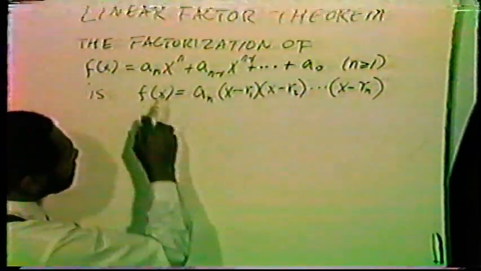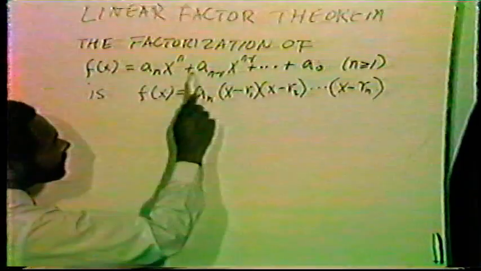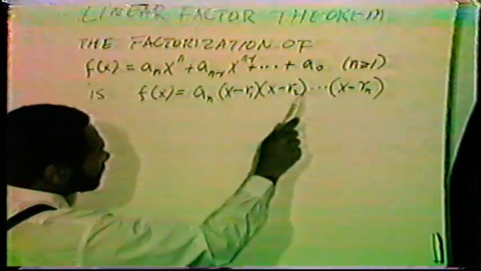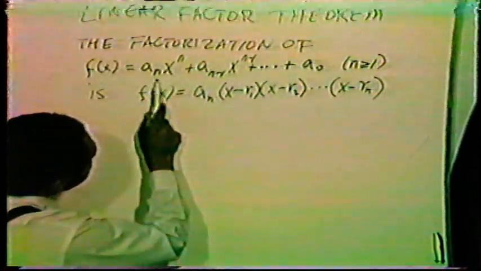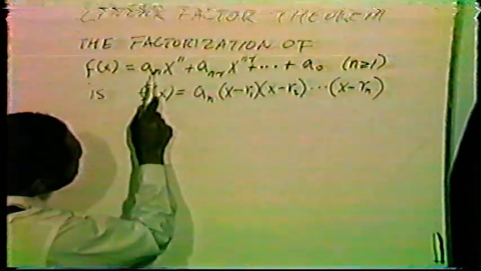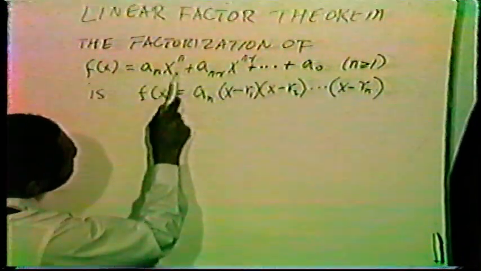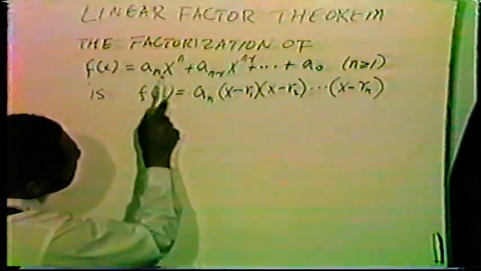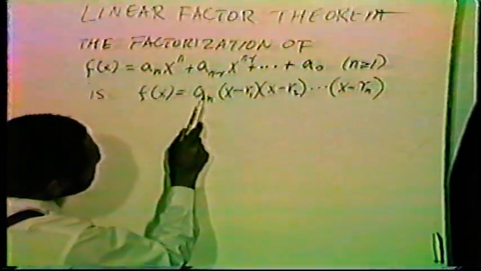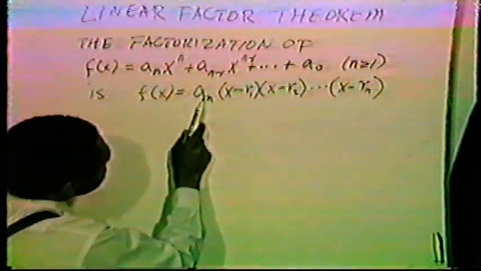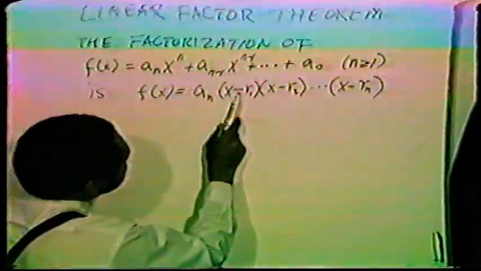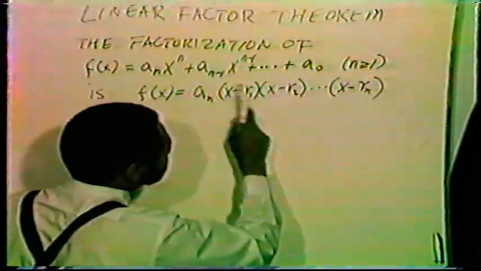That means that for this general polynomial function, this would be the factorization. You want to notice that the coefficient of the first term, which is the leading coefficient, is the first number in the factorization. And then you have all your different factors for the polynomial.